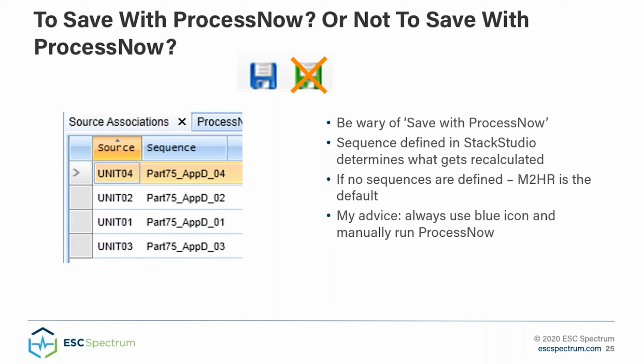So these sequences are defined in Stack Studio. They're source associations. You define what sequence you want to run. And so my advice is, I personally never use the save with ProcessNow. I'm always save without, the blue disk icon, and I'll just go back and manually run ProcessNow if I need to.